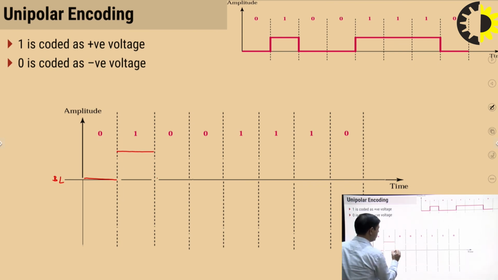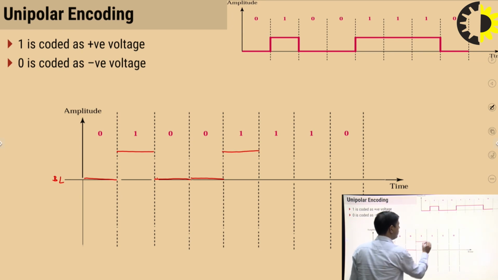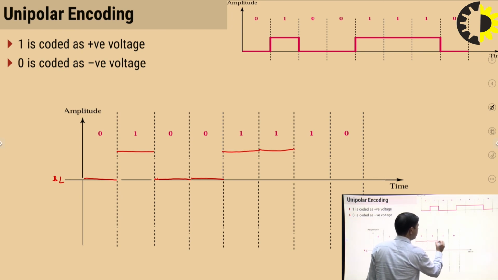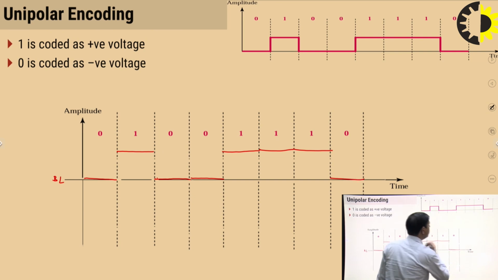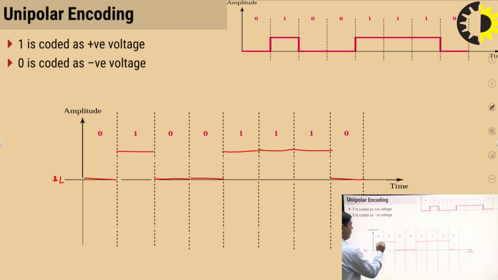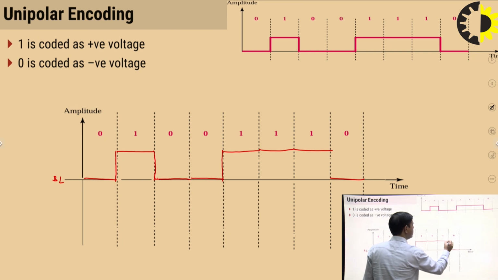For 0, onto the baseline, for 0 onto the baseline, for 1 it will be here, for 1 it will be here, for 1 it will be here, and for 0 it will be here. And finally, we have to connect these vertical lines. This is the conversion of binary data into the digital signal by using unipolar encoding, where we are using only one voltage level.